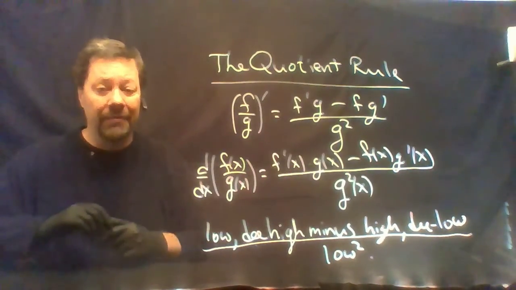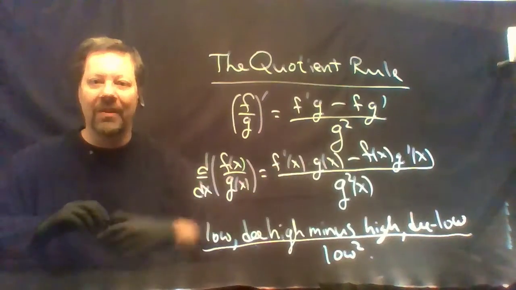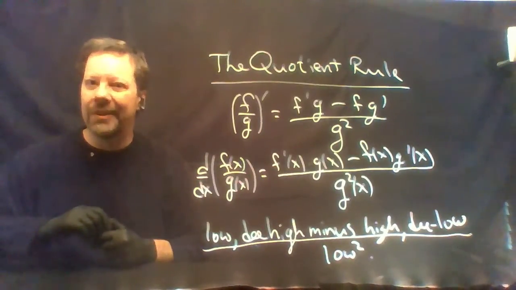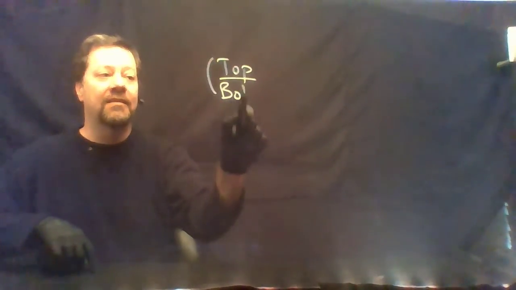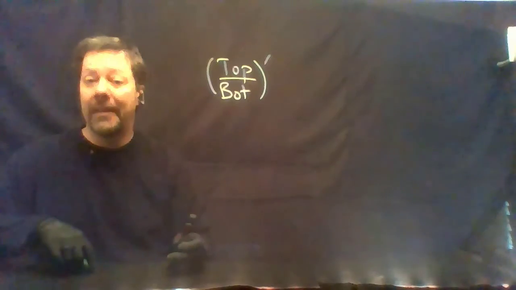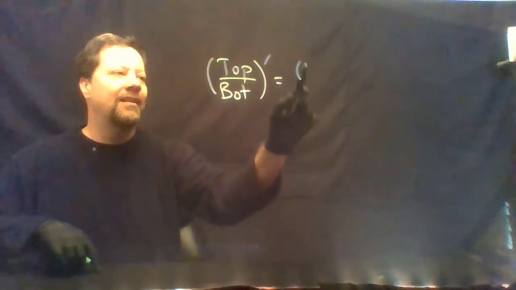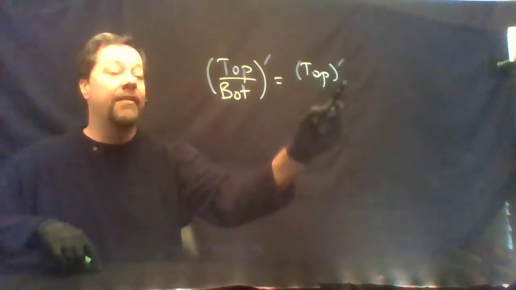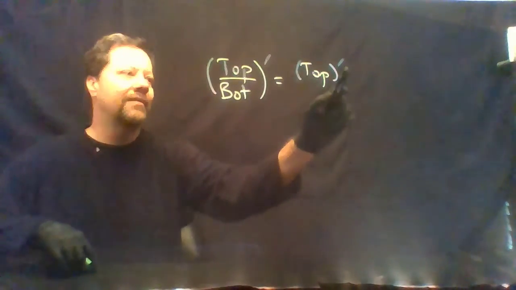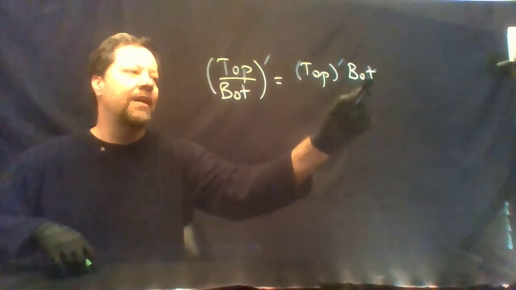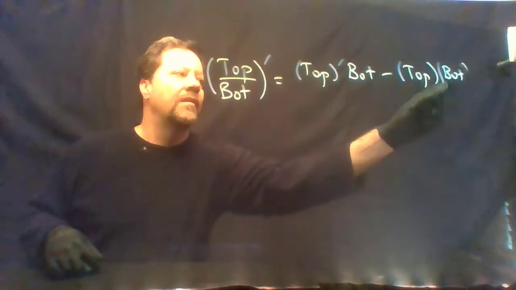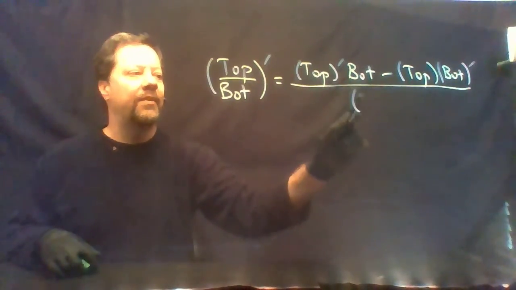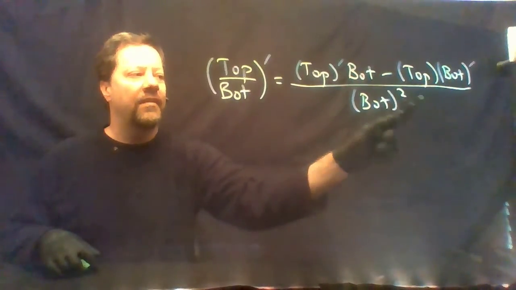Subtraction is not commutative. You can't switch the order of the terms in the numerator. Instead, I'll have you remember it this way. The derivative of top over bottom is the derivative of the top, that goes first, times the bottom minus the top times the derivative of the bottom over the bottom squared.